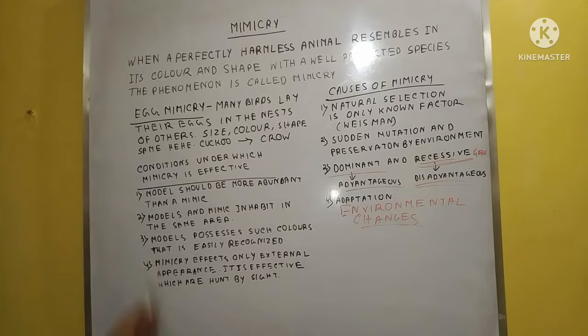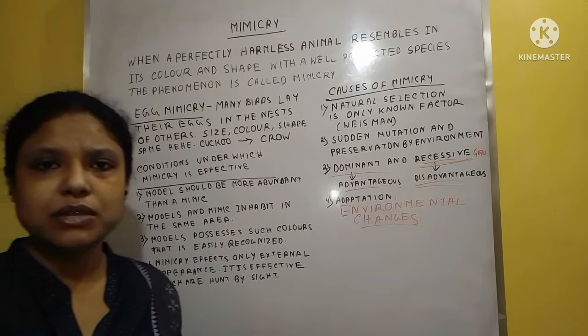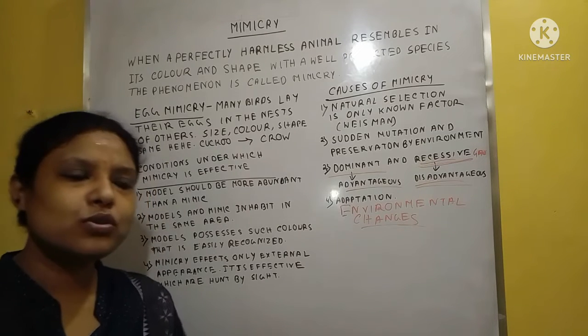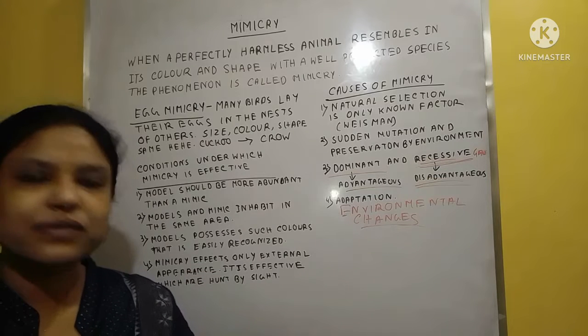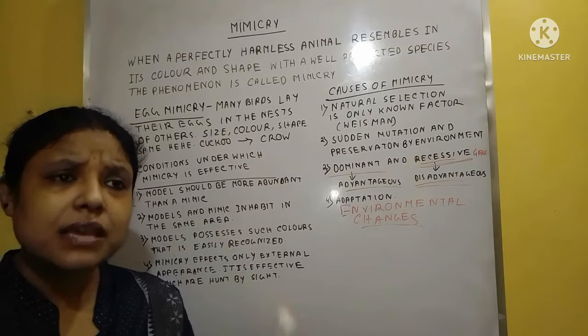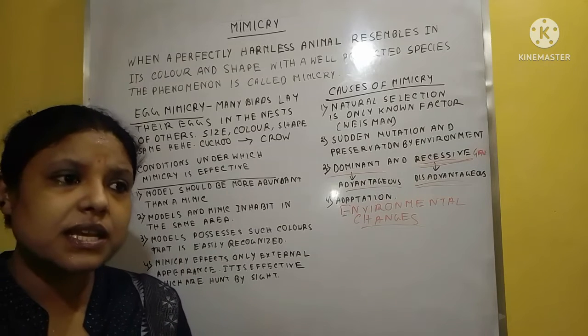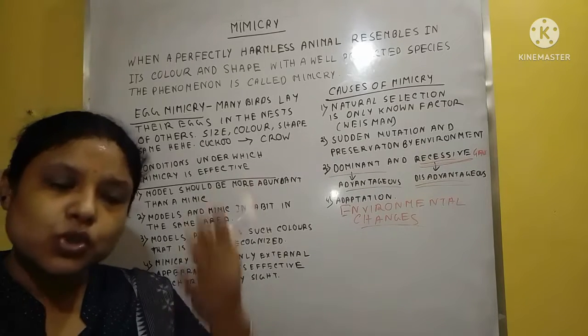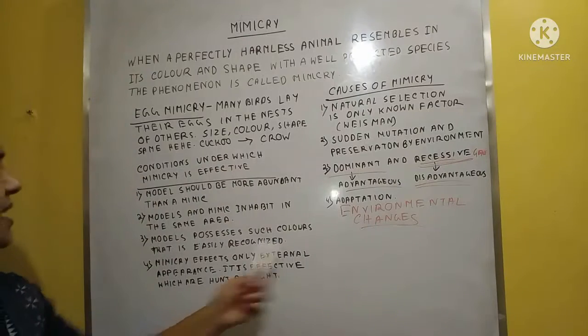Fourth one is that mimicry affects only external appearance, and so it is effective against predators which hunt by sight. Mimic animals follow the model animals, which is very helpful to them, but the mimicry is totally an external feature, or external appearance. There are no internal similarities.